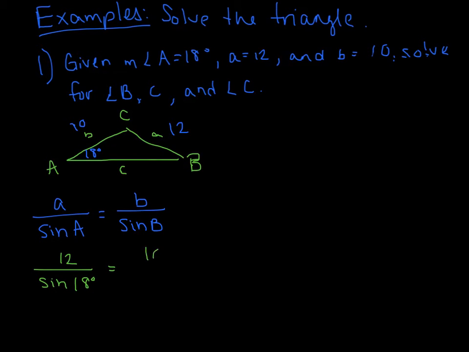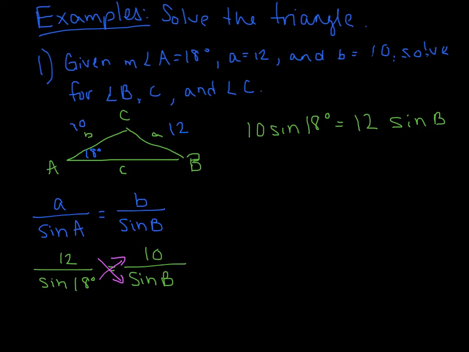Side B is 10. And angle B I don't know, so I'm going to use sine B. Since I have a proportion I want to solve for, I'm going to cross multiply. So I end up with 10 times the sine of 18 equals 12 times the sine of B.